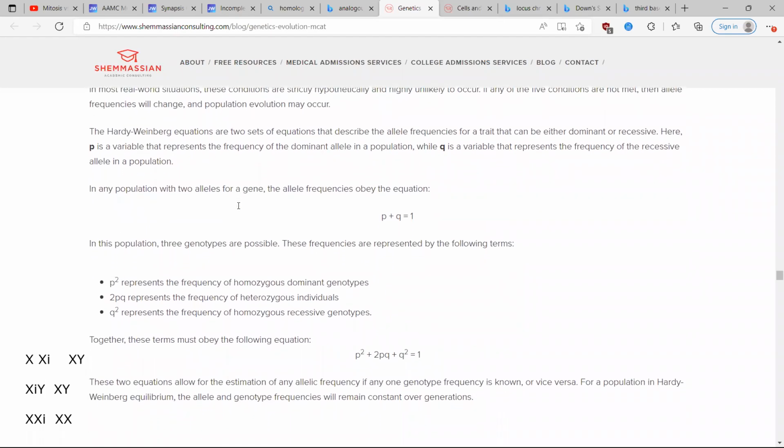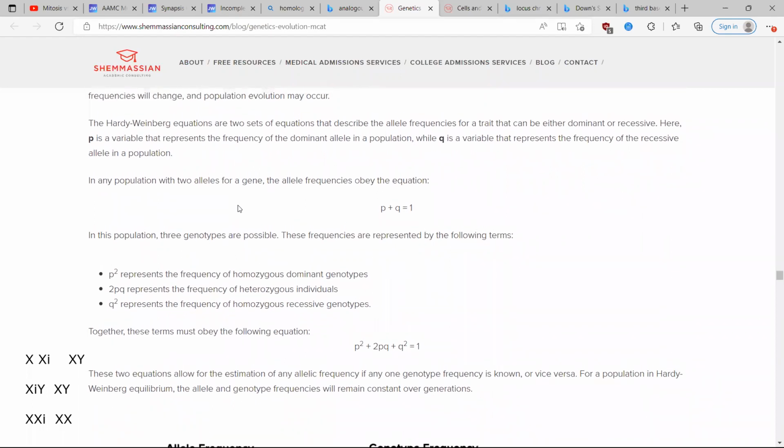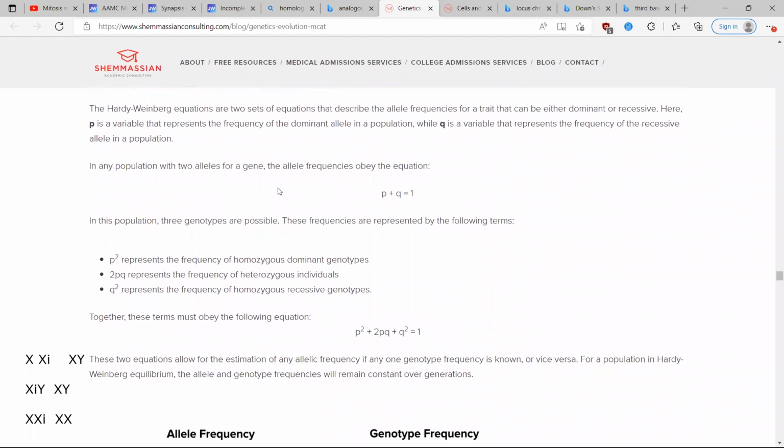So now we get to the math. We have two sets of equations that are describing the traits. We have P and we have Q. P refers to the dominant allele. Now if we have a dominant trait and a recessive trait, then in each individual of the population we can get three different genotypes.